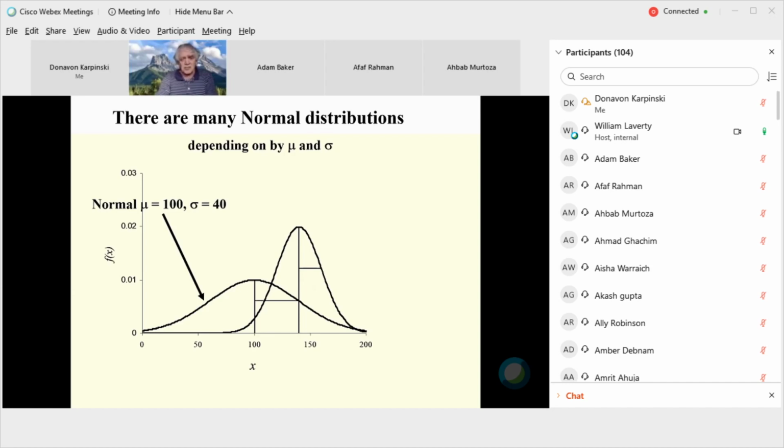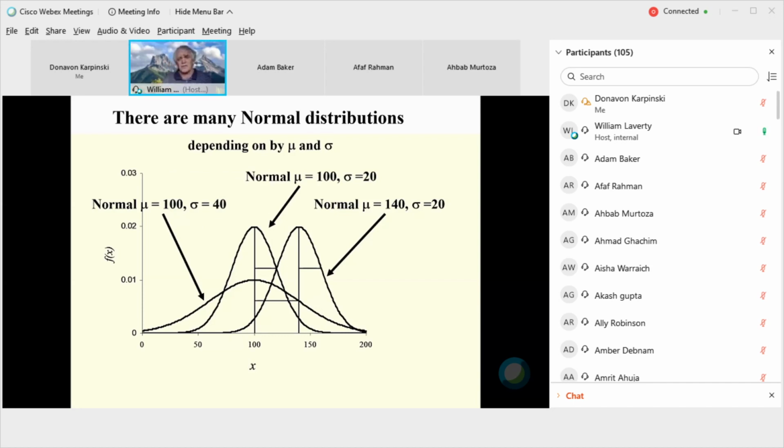The standard deviation is about half of the other one, so it'd be 20. There's one that has a mean of 100 and standard deviation of 20. Notice that if the standard deviation is smaller, the normal curve is higher so that the total area is always equal to 1.